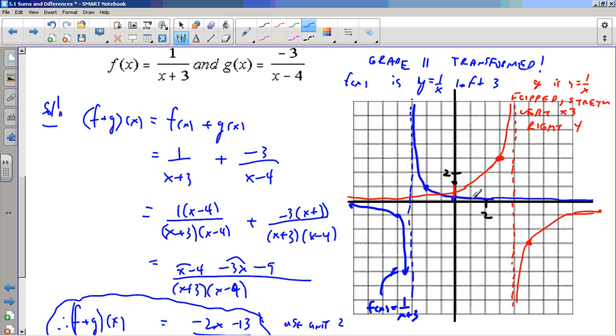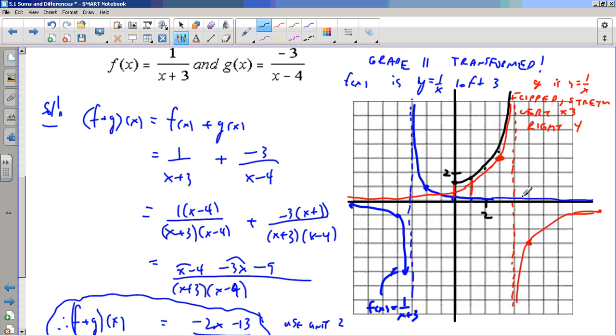And I can keep doing that, right? There's f plus g, and I'm going to put the g on top of the f and just add graphically. Right? Okay, well, I can keep doing that. Even through here, what happens through the asymptote? Well, the red one's not defined, so then the black one's not going to be defined. And in fact, this function sort of gets taken over by the red one because I'm just adding a little tiny bit to all these numbers that are shooting off to positive infinity. So it's going to look something like that in here.